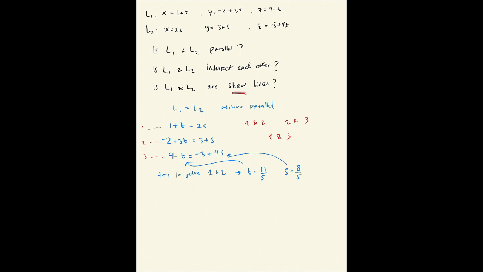Because 8 over 5, it will be 32 something. It's 40 something on the left and 30 something on the right. So L1 and L2 are not parallel. They are skew lines.